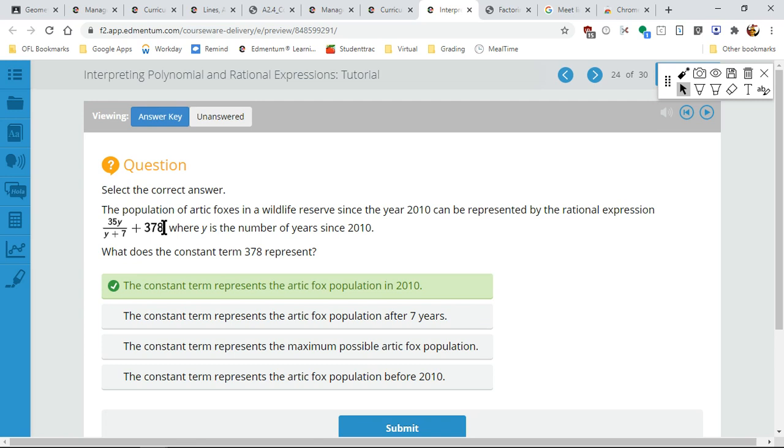This number right here, I can't highlight it because it's a picture, represents how many foxes we had in that year. In this equation, we keep getting more foxes, so every year it's going to increase. Increase from what? It increases from here. What was here? Here was the foxes in the year 2010.